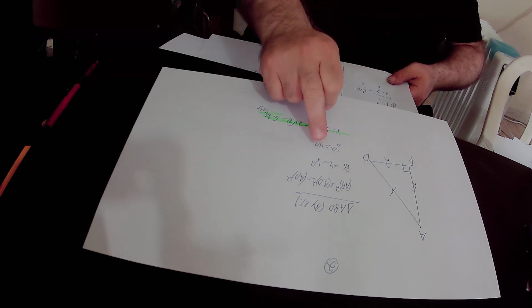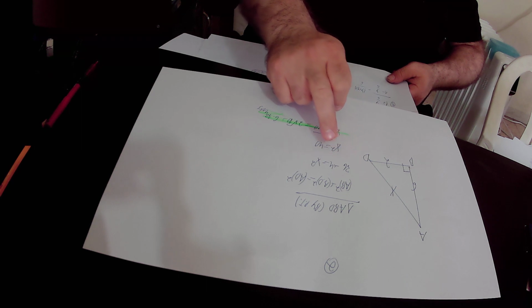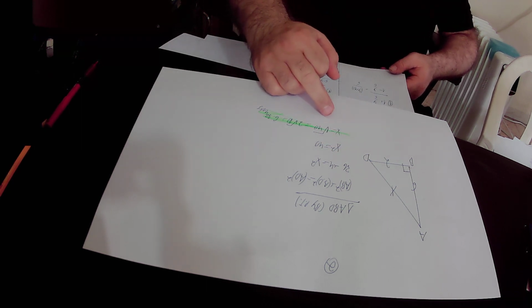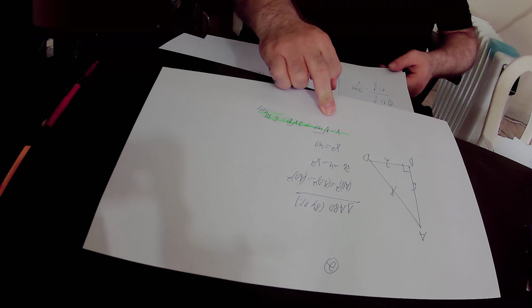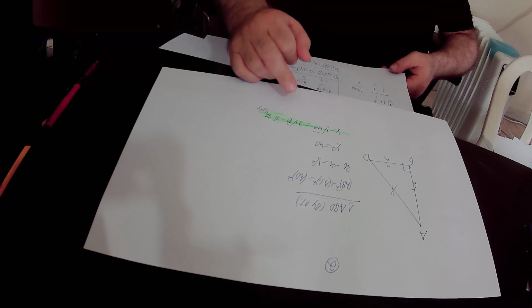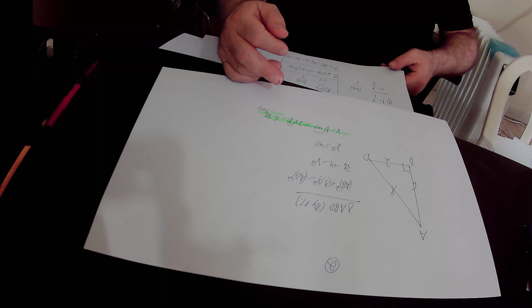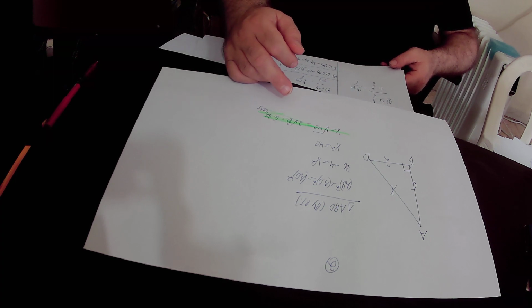In conclusion, we found out that x squared equals 36 plus 4. 36 plus 4 is 40. We took the square root of this equation and found out that x equals the square root of 40. The square root of 40 is 2 times square root of 10 units, or in terms of numbers, it is equal to 6.32 units.